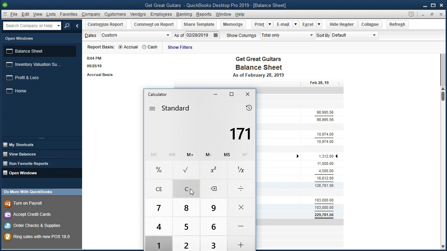So it's 1712 minus 1312 is the $400 difference.